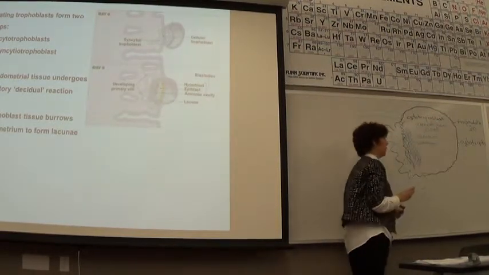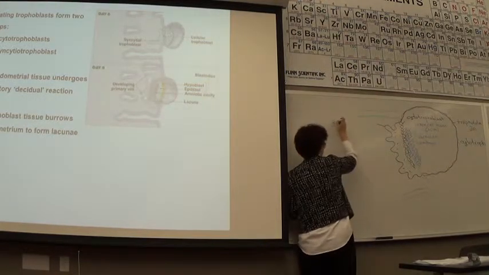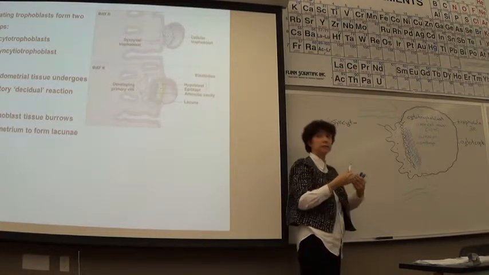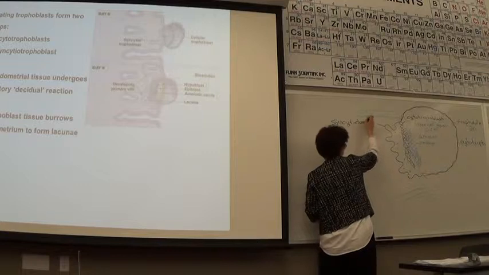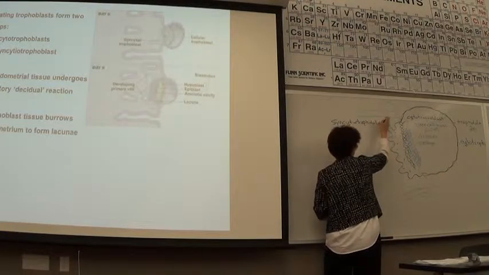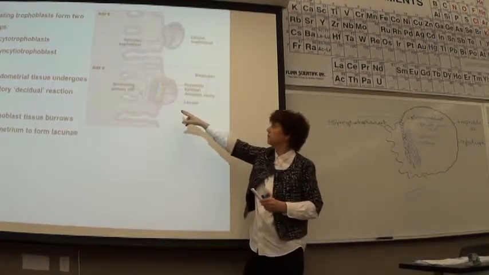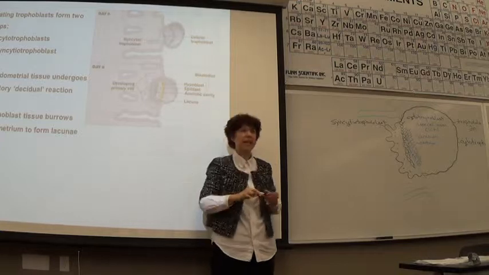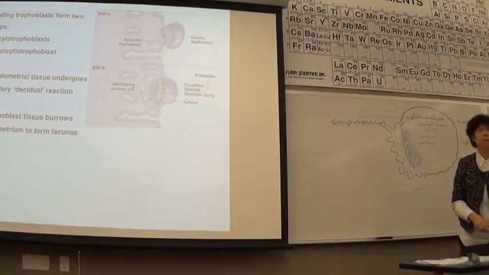So those are the individual cells, and the fused cells are identified as syncytial. That means together. Okay, cells that are together, syncytial trophoblast. And that's what you're seeing here. And they send down almost like an amoeboid-like movement, a flowing type of movement.